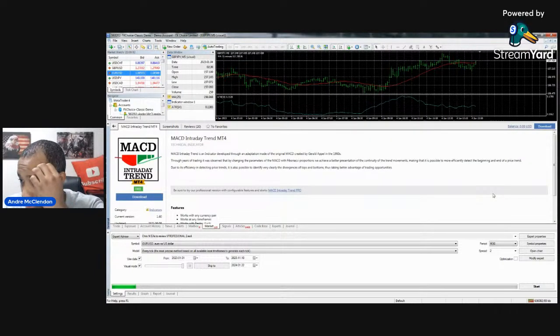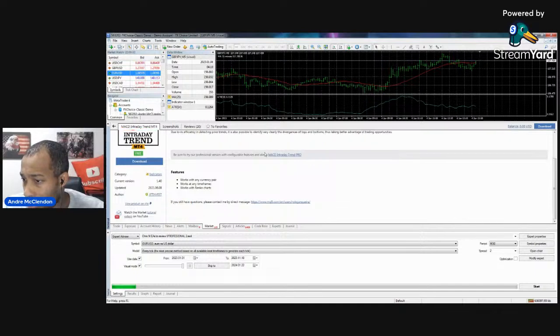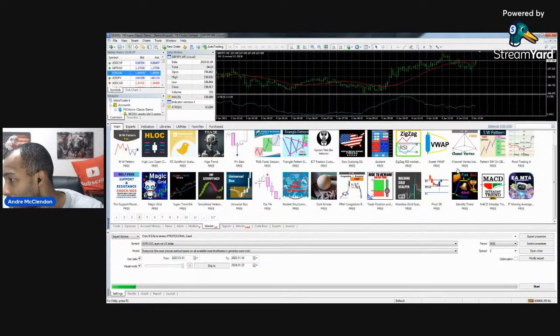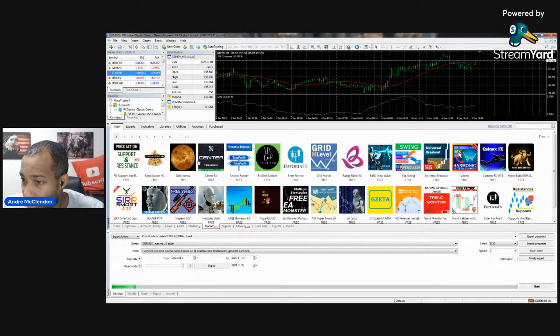Try this. MACD intraday trend is an indicator developed by Cool. So I'm looking at free ones. I already tried King Scalper, My Grids.